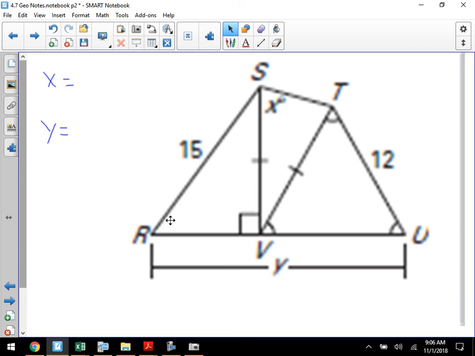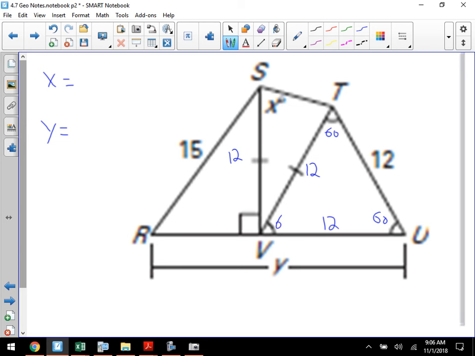So I'd fill in the 12s: 12, 12, and SV is also 12. How much are all three of those angles? All 60s. Good. So that's 60, 60, 60.